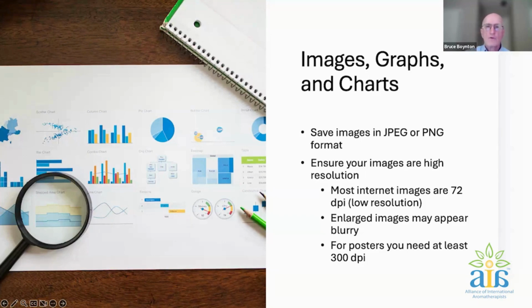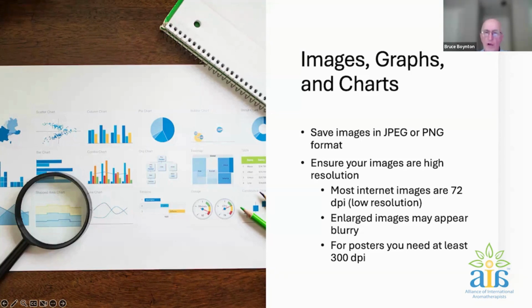Now, when you use graphs and charts on your poster, make sure to save the images in JPEG or PNG format. That's important, so they'll be able to be reproduced. The other thing is make sure your images are in high resolution. Most internet images are only like 72 dots per inch.